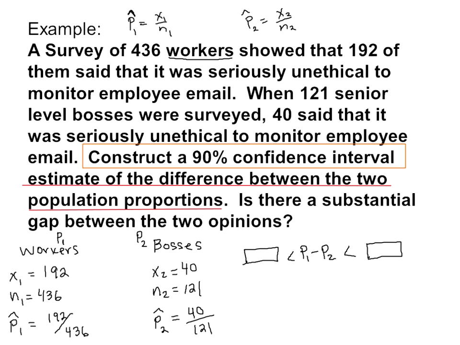All right, so the 90%, okay, that's what I was waiting for. Okay, so that 90%, that's what's going to give me my Z. You see the 90%? That's going to give me my Z.